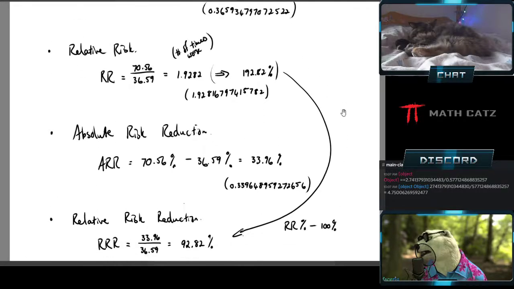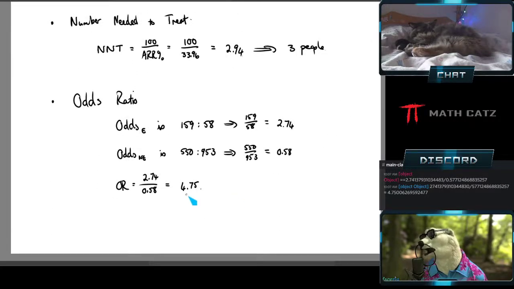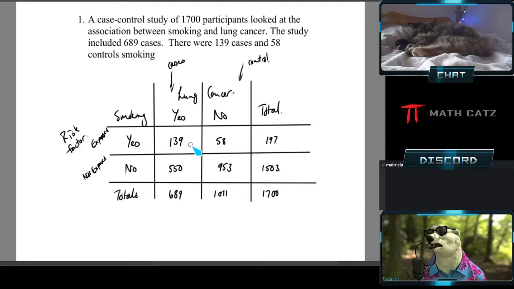Where was the relative risk? Here, right? It was almost 2. And the odds ratio is almost 5 because based on this data, being exposed to smoking increases your chances of getting lung cancer quite a bit.